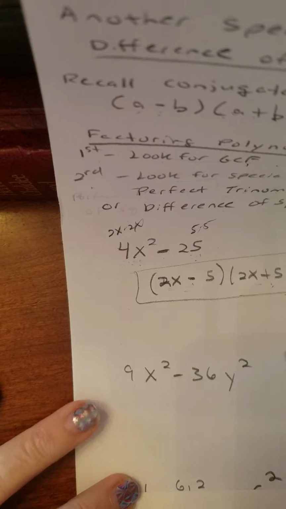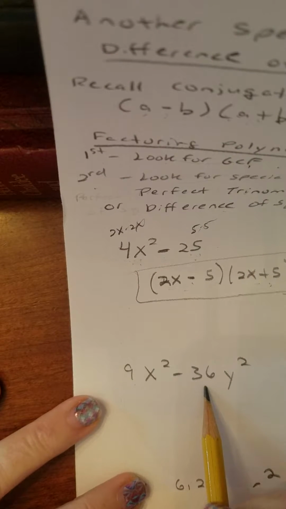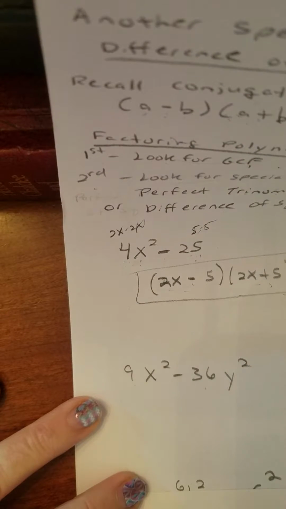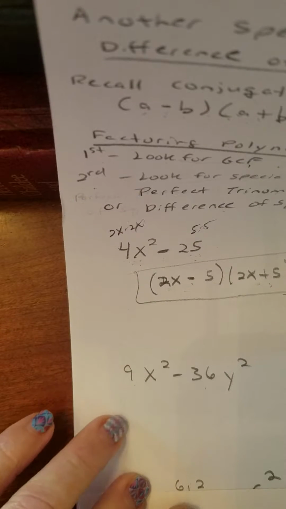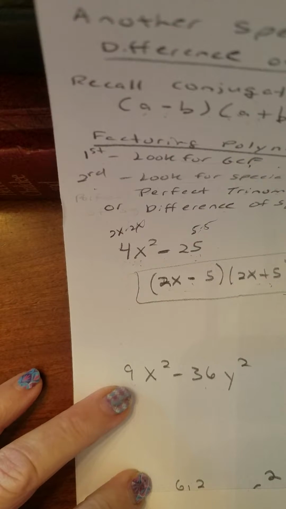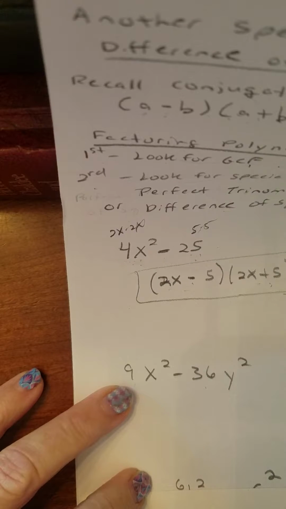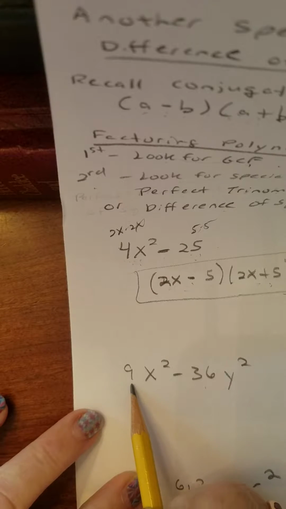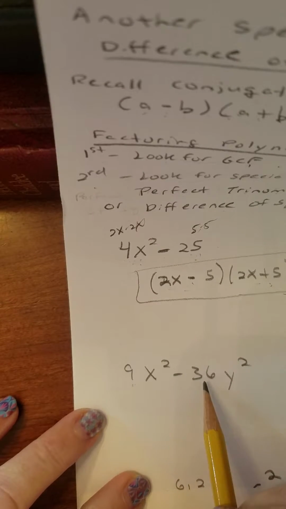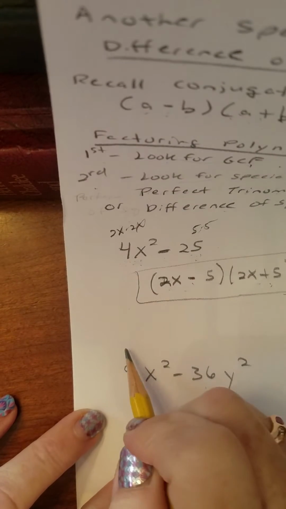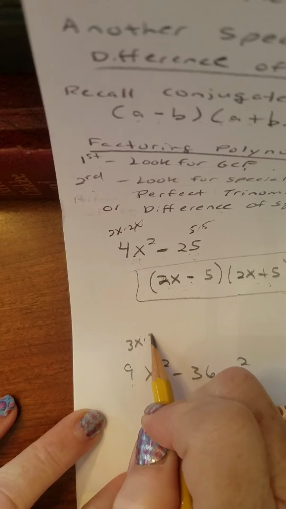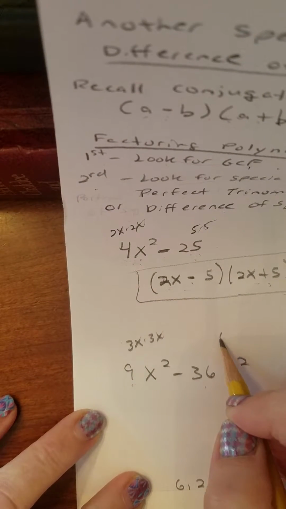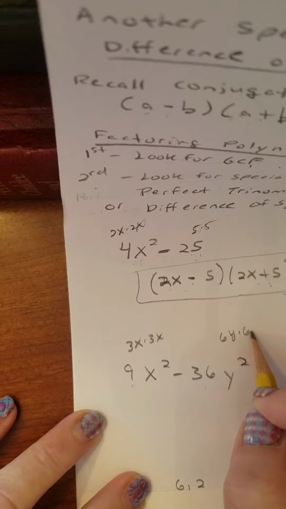Okay, is there a GCF? Well, they're both divisible by 3, so we could take a 3 out. That would leave me with a 3 and a 12. But I'm not going to do that, because this is a perfect square. I'm going to say 3x times 3x, and this is 6y times 6y.